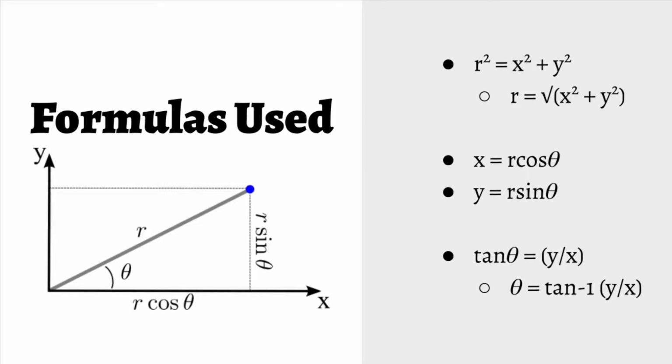And as you can see, the y, or the vertical leg, is opposite to the angle. And the last formula is used when the angle is not given. So we use tangent to find the ratio between the x and y value when they're given.